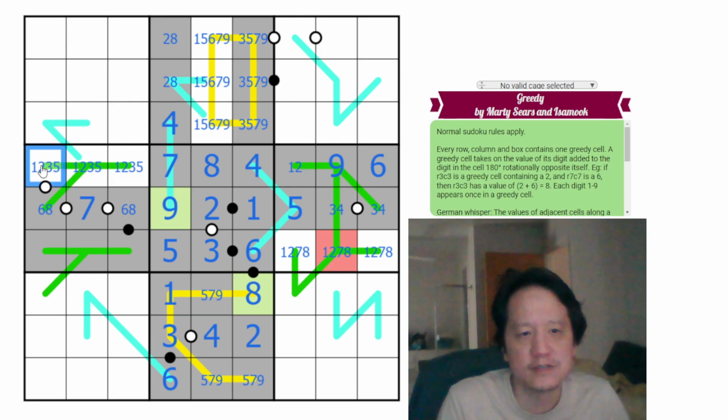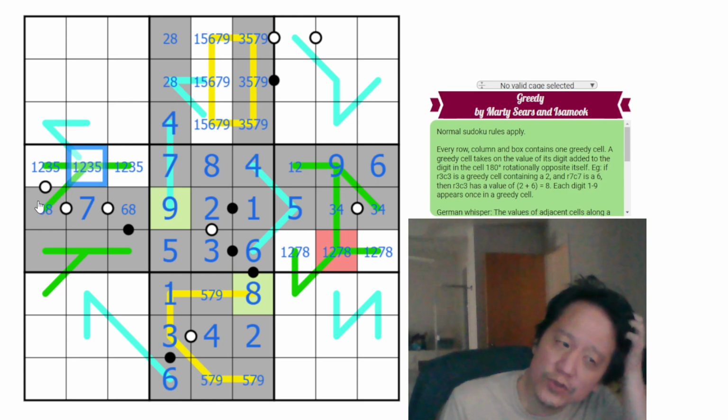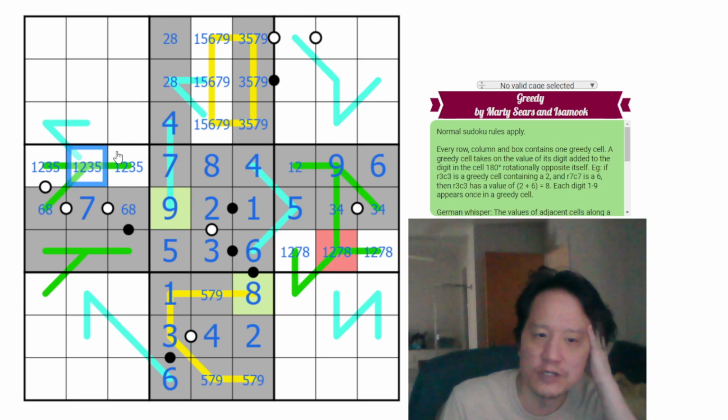It's saying that can't be the greedy digit because of the same logic. So this would be the greedy digit. This would have to be 1, 2, or 3, and this would need non-greedy digits. So this one has to be the greedy digit. So none of these can be the greedy digit.